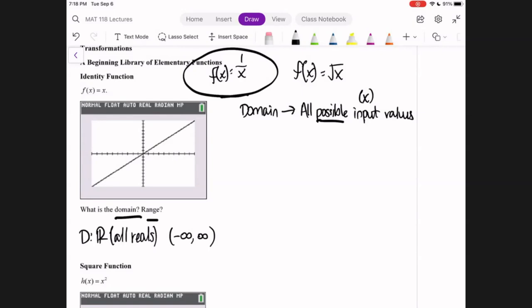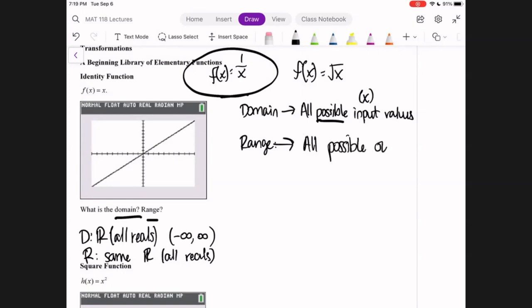So if the domain is all reals, the range is the same. It's going to be all reals. Let me think, what is the range? So the range is all possible output values. Okay.